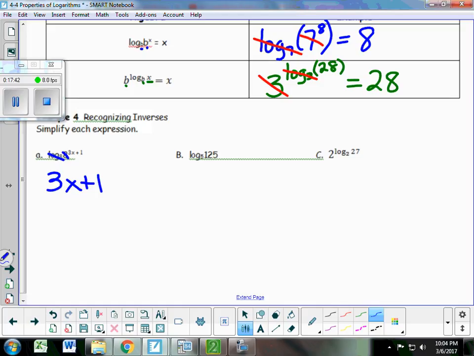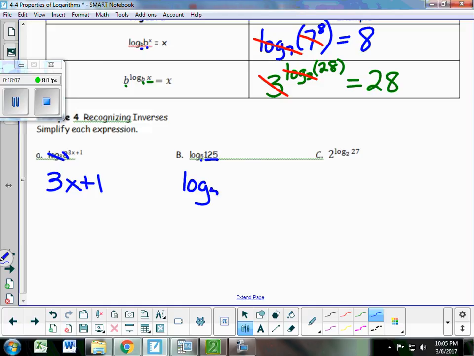All right, part B is not as obvious because there's no base of 5 here. There's a base of 5 on the logarithm, but this 125 is not an exponent. It's not 5 to a power. But 125 can be rewritten as 5 to a power. So this is where you have to be a little creative and think.